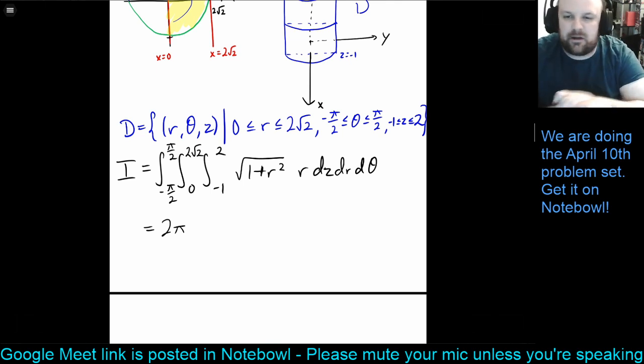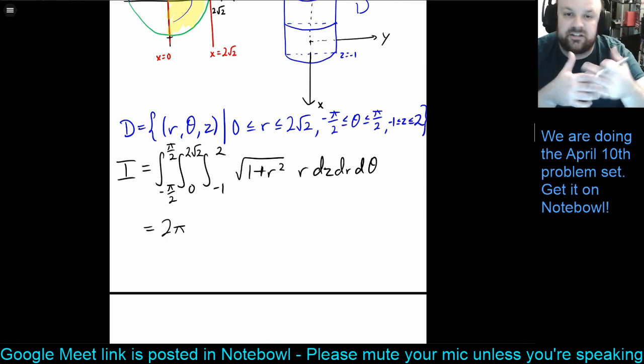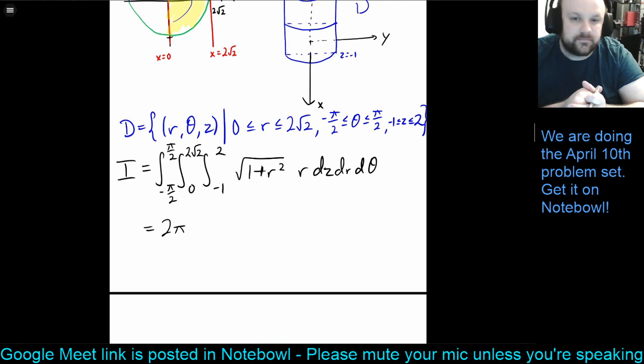But the most interesting part of these problems is setting up the integral in such a way that it can be computed. So this isn't too bad here. Any questions about this one at all?